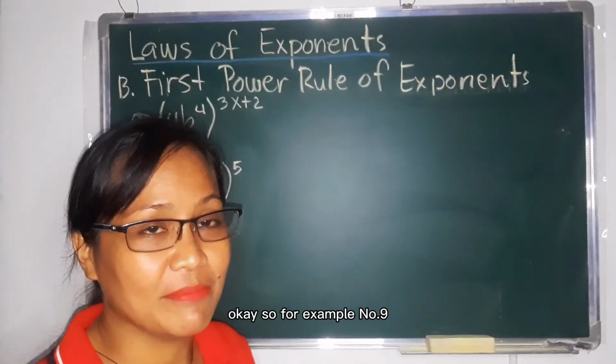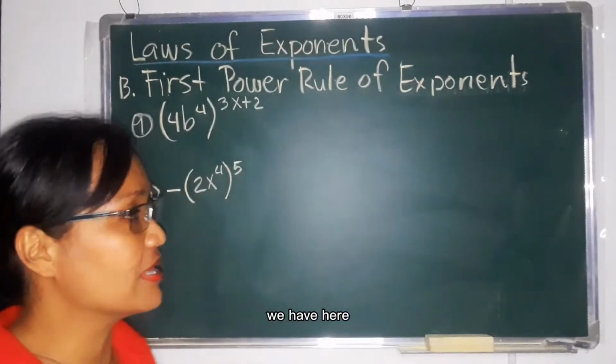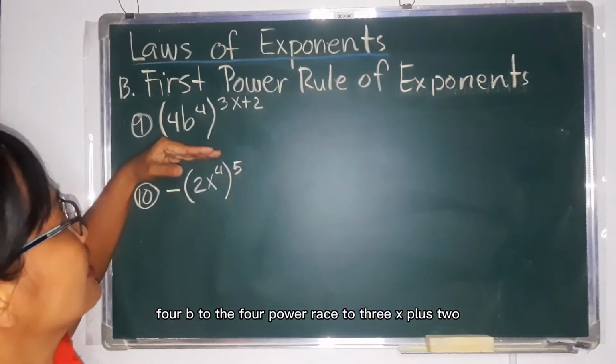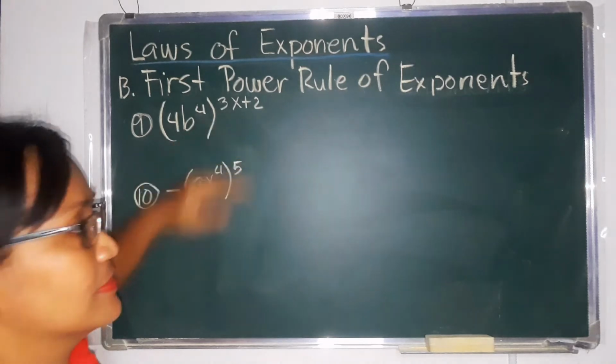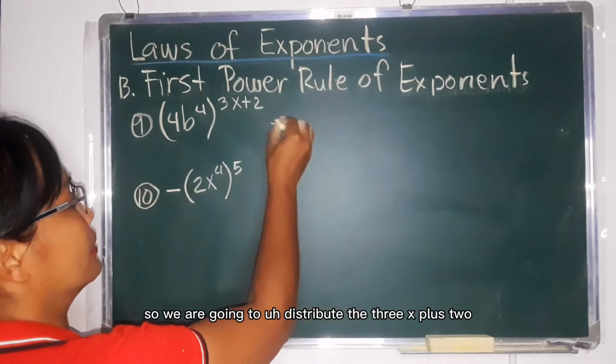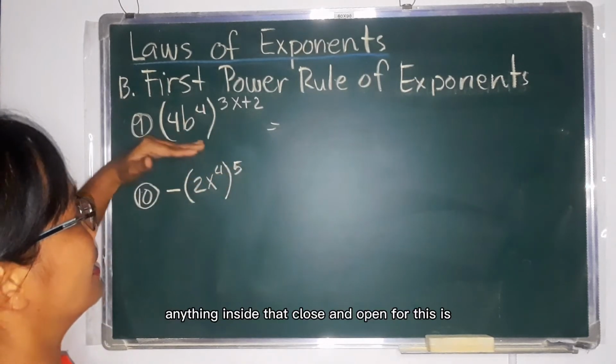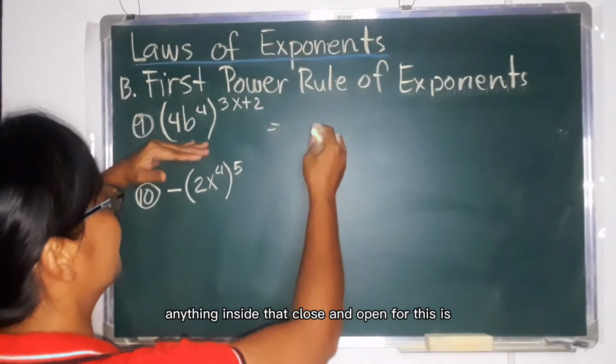Okay, so for example number 9, we have here 4b to the 4th power raised to 3x plus 2. So, we're going to distribute the 3x plus 2 to everything inside the parentheses.